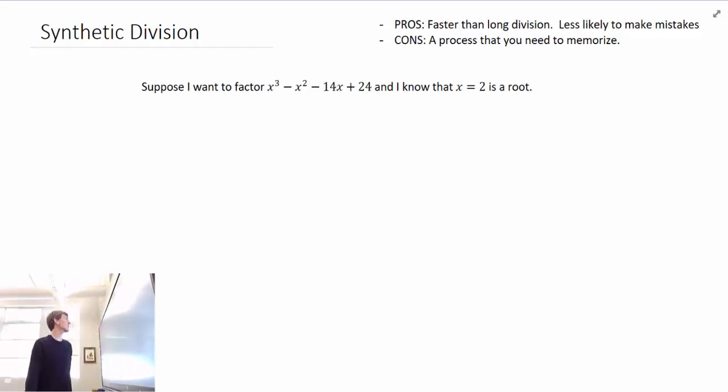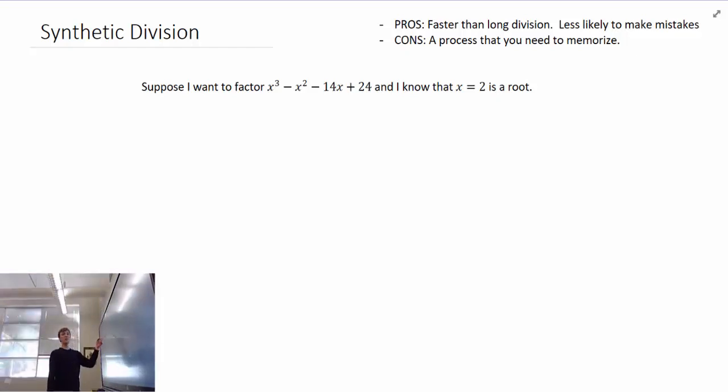Okay, so suppose, again, I have the same cubic I had before, and again, I have to start with knowing what a root is. To start this, I first write out not the polynomial, but the coefficients from the polynomial. So I'm going to write out 1 because that's the leading coefficient, minus 1 is in front of the x squared, minus 14 is in front of x, and 24 is the constant term, and I have to bring those minuses.